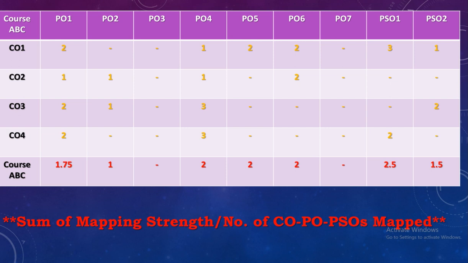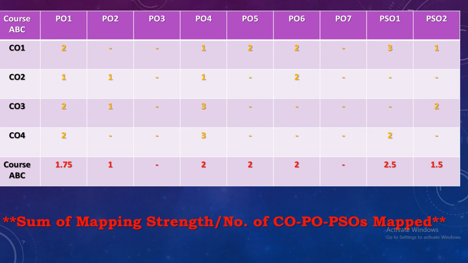So as per the formula, the sum of CO-PO mapping is 2, and the number of CO-POs mapped is only 1, that is CO1 versus PO5. And therefore, the mapping strength of the entire course ABC against PO5 will be 2 and nothing else.